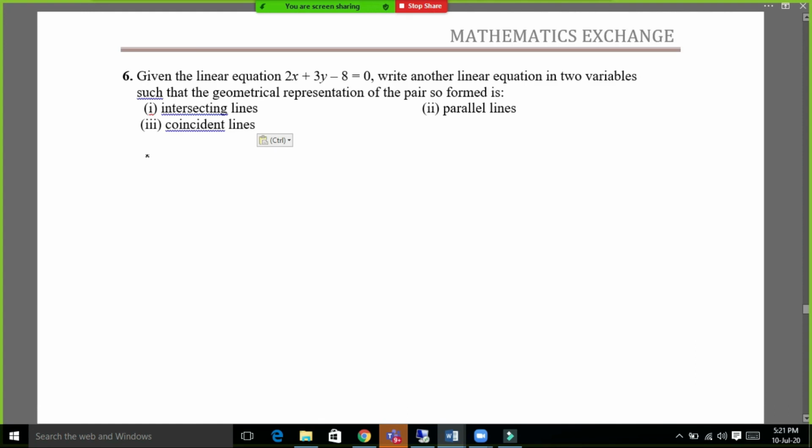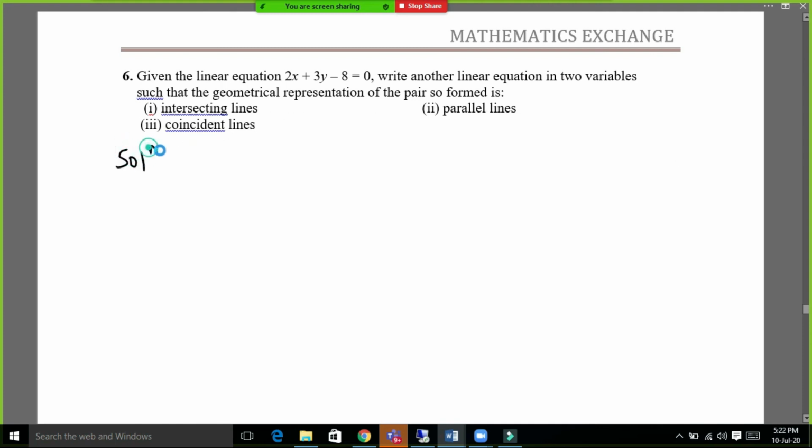Question number 6. Given the linear equation 2x plus 3y minus 8 equal to 0, write another linear equation in two variables such that the geometric representation of the pair so formed is first intersecting lines, second parallel lines, and third coincident lines. So we have to write another linear equation so that the pair shows that they are intersecting lines, parallel lines, coincident lines.